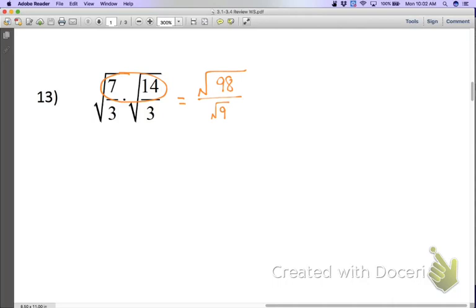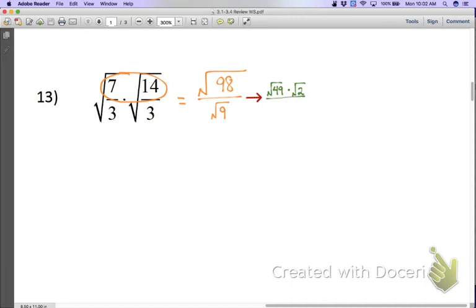So can I simplify, or is there a perfect square that I can take out of 98? Yes, what is it? 49. So on the top side, I have the square root of 49 times the square root of 2.